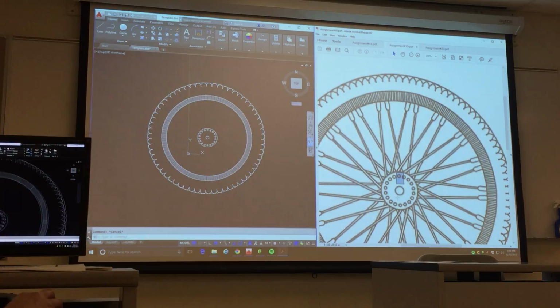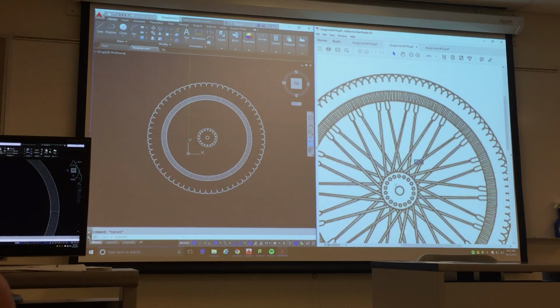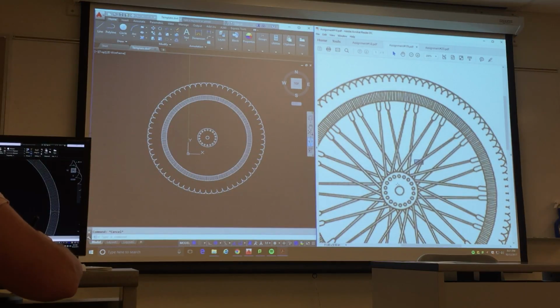Notice that this hole right here actually connects to this spoke. I know that's kind of weird to see, but it offsets. It's at an angle, if you will. So we need to reproduce that. That's one of the things that matter.